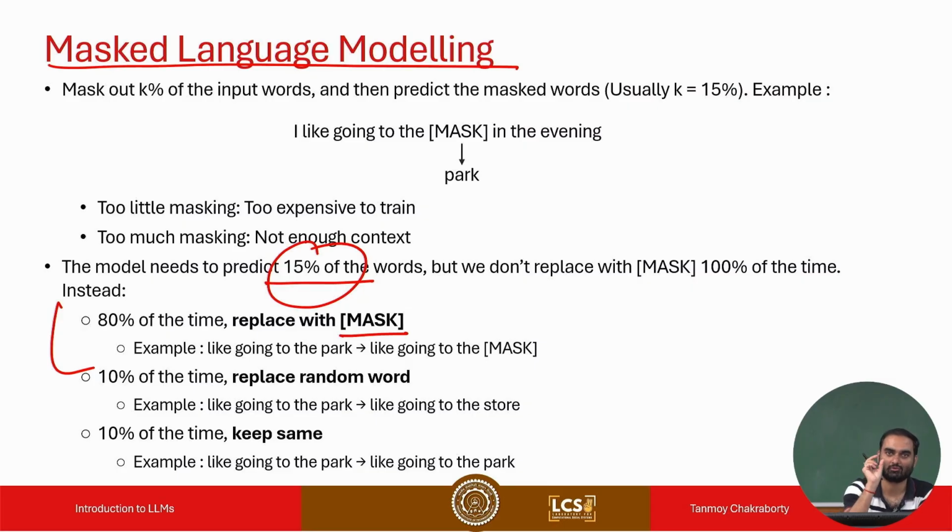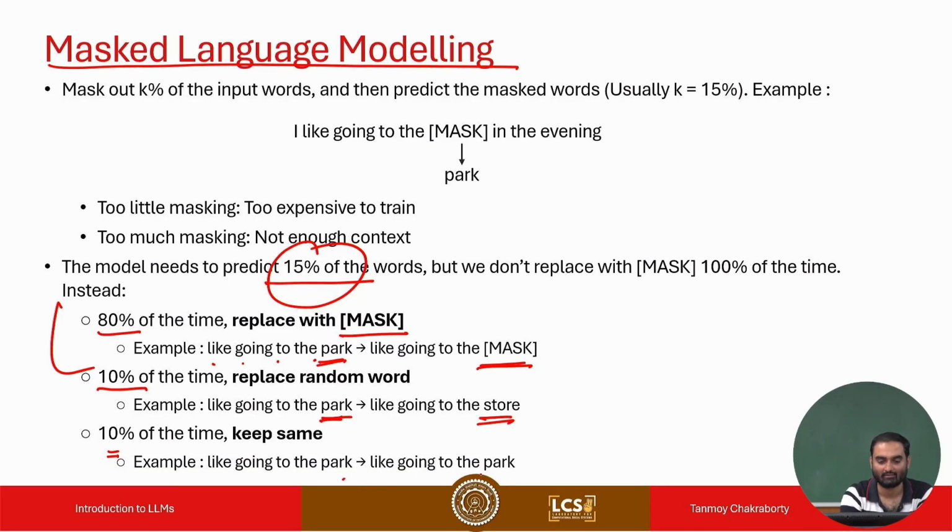You replace those original tokens by this mask token, 80% of the time. 10% of the time you replace a word by another word, not by mask. So take the example, going to the park: you replace park by the token mask. Or you replace park by store, a random word. And the remaining 10% of the time you keep the same token.